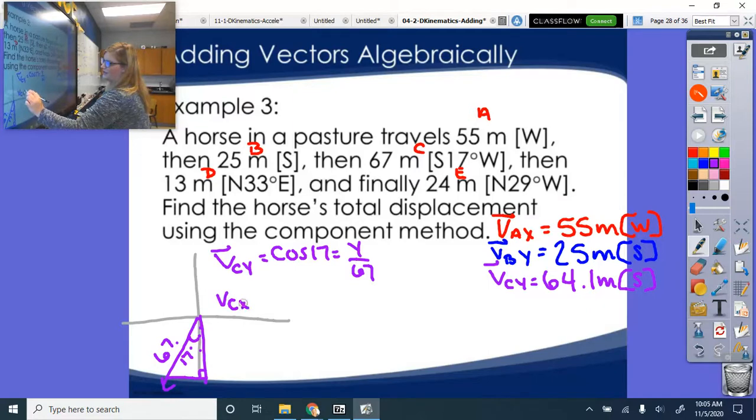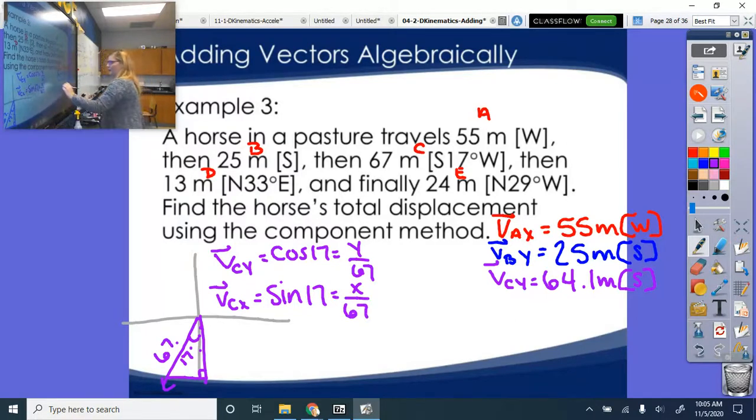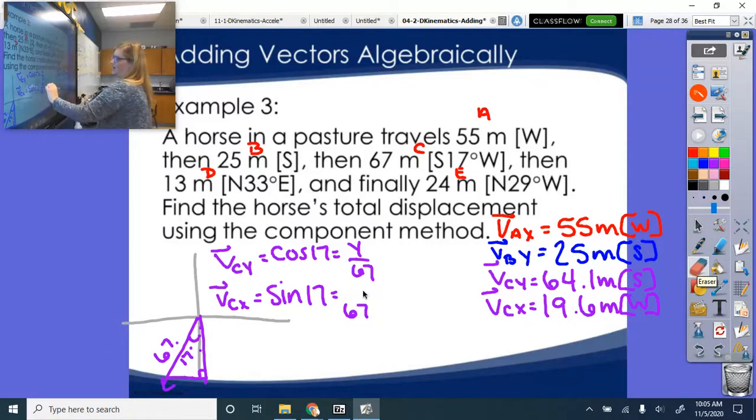Then my vector in the x direction is the sine of 17 equals x divided by 67. So my vector of C in the x direction equals sine of 17 times 67, 19.6 meters, and that guy is heading west. Okay, so now I've got all that done.